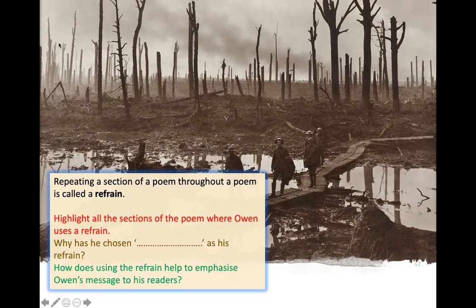You should be able to find that refrain quite easily and just write down your own views on why he's chosen that and how it helps to emphasize his message to his readers. What message do you suppose Owen is trying to send? And how does the refrain help that message?